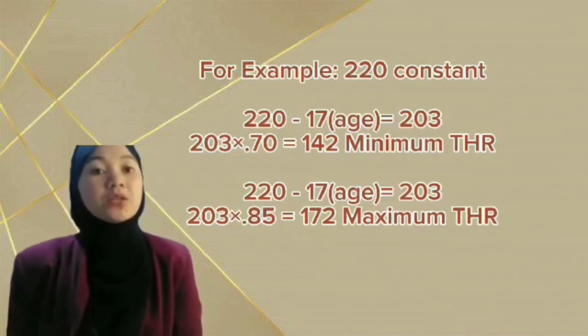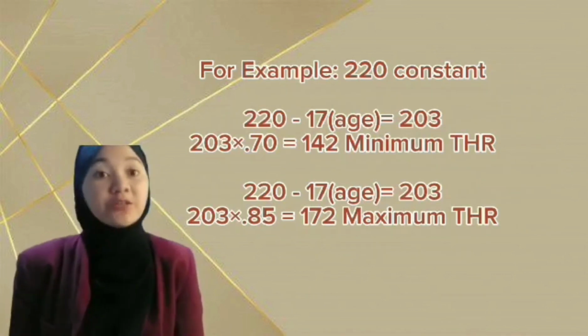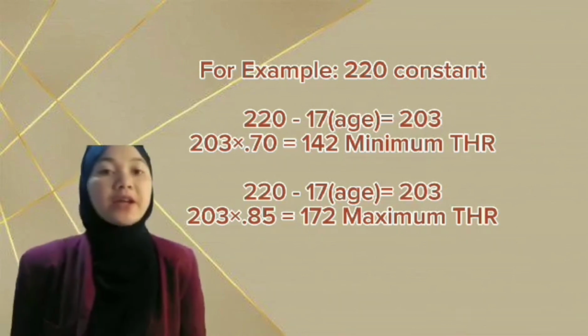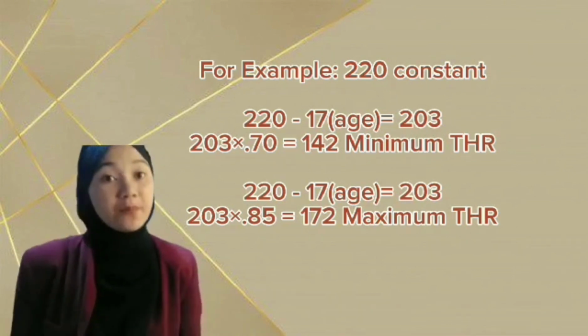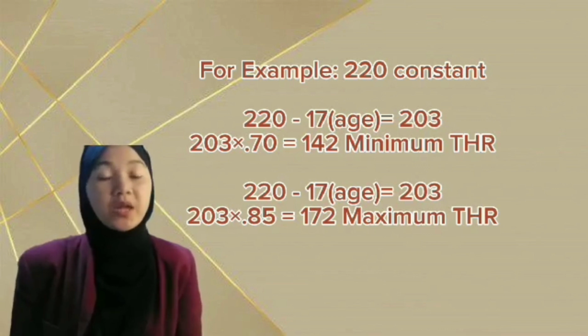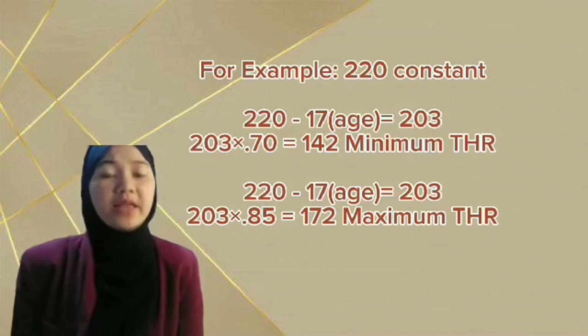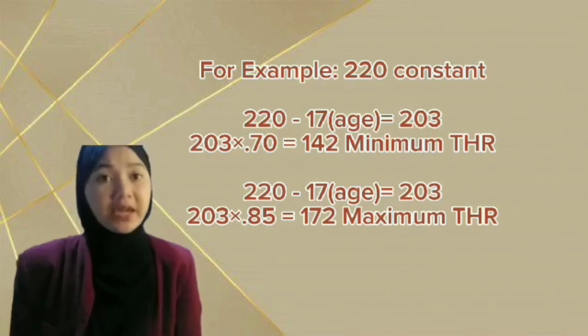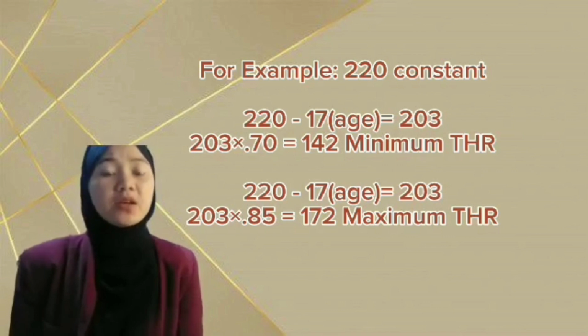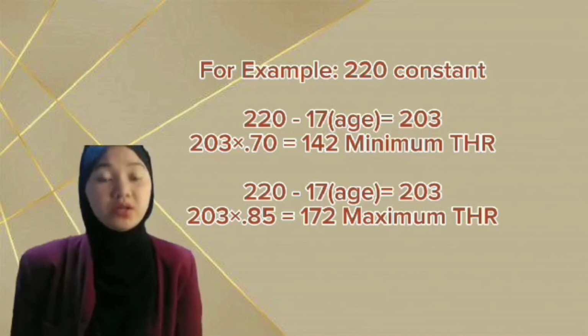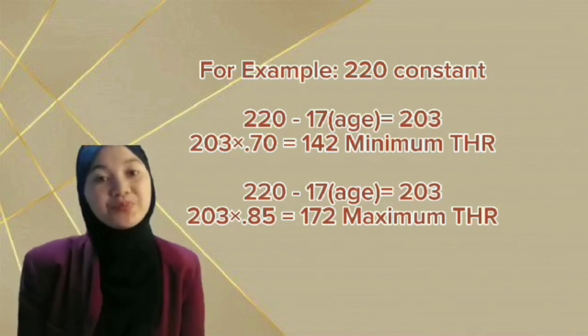For example, 220 is a constant or it's fixed. 220 minus 17, your age for example, is equal to 203, and then multiply it by 0.70 or 70% to get your minimum rate. So the result is 142. 220 minus 17 is equal to 203 and then multiply it by 0.85 or 85% to get your maximum rate. So the result is 172.